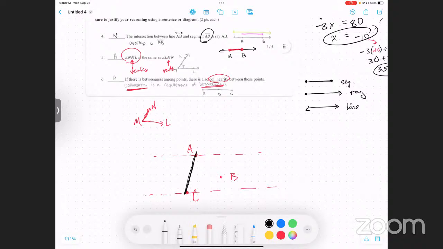You have to draw a line, and on that line you have to put point B. Now I can say there's betweenness for those points. So that's why this is always true, because that's actually the definition of betweenness. That makes sense to you?